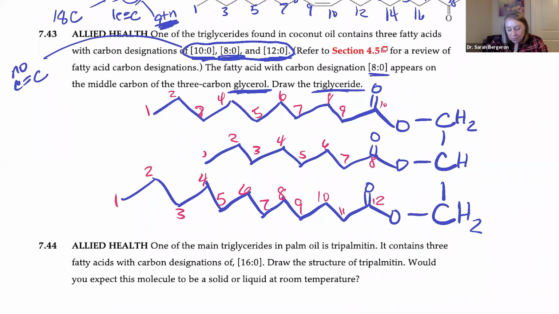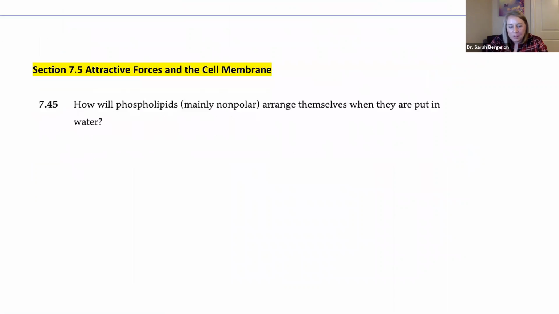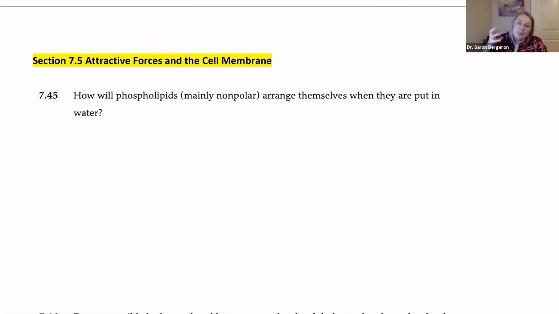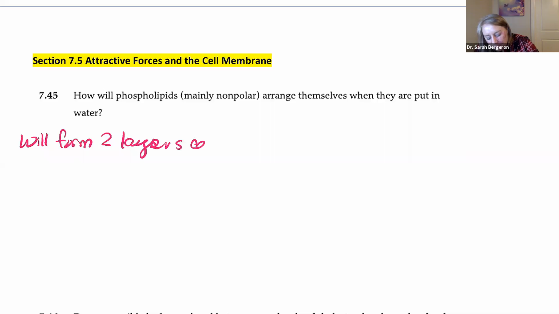Okay. What is next? So now we're going to talk about our attractive forces within the cell membrane. How will phospholipids arrange themselves when they are put in water? Remember, we said that they can't form that micelle, and so what they're going to end up forming are lipid bilayers. So they will form 2 layers, I'm going to leave myself some room to draw, called a lipid bilayer.